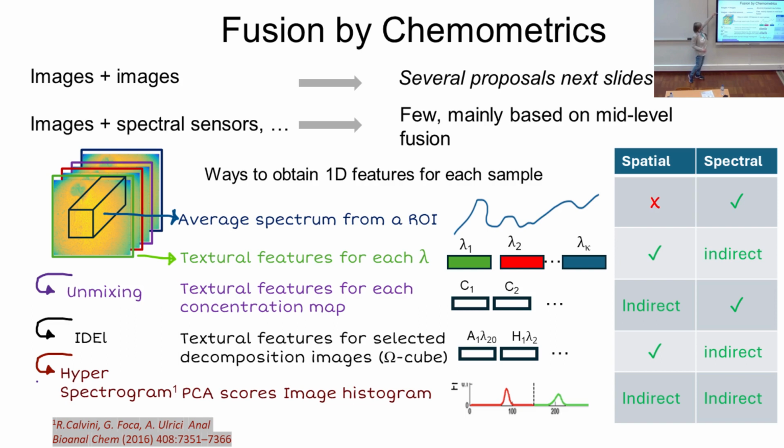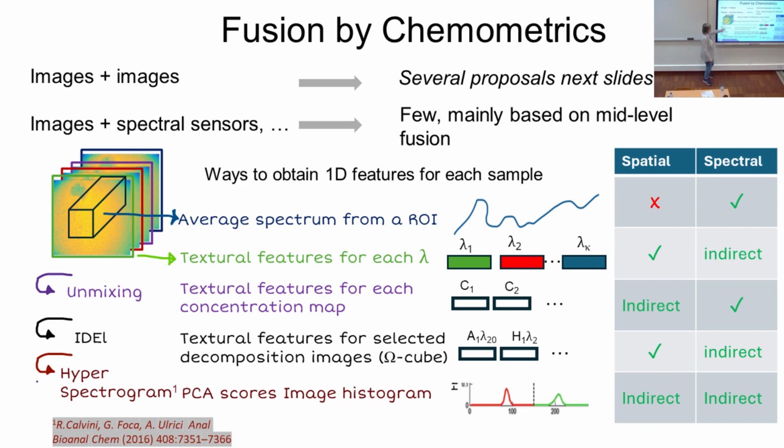If we have to fuse images with a spectral sensor or another type of sensor, then we have to translate the images into a monodimensional form, to be compatible with the single sample on which we acquire the spectra or other sensor variables. Because the sample is one: in the image we have a cube, but in the other sensor we have just a vector. So there are several ways to obtain 1D features from the image.